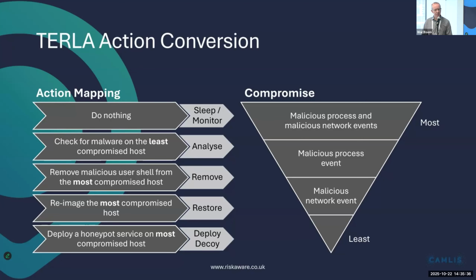Now, these map directly to those actions in the environment action space, but they map to action types, not specific actions, and then they're targeted based on those malicious process and malicious network events in the observation. So as an example, the most compromised host will be one where there's both a malicious process event and a malicious network event detected on it.